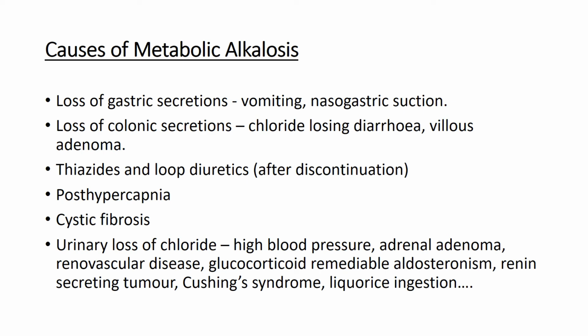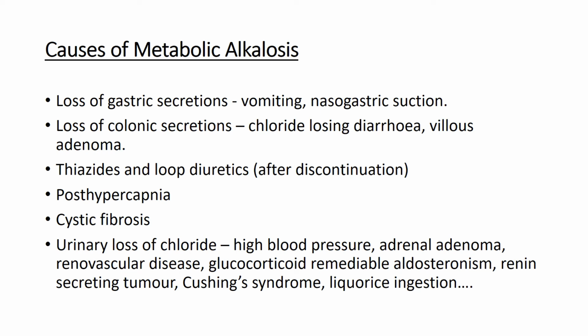There are several causes of this. It could be due to a loss of gastric secretions through vomiting or NG tube suction. It might be a loss of colonic secretions, like chloride-losing diarrhea or a villous adenoma. Certain drugs, particularly thiazides and loop diuretics, particularly after you stop them, can cause a metabolic alkalosis.